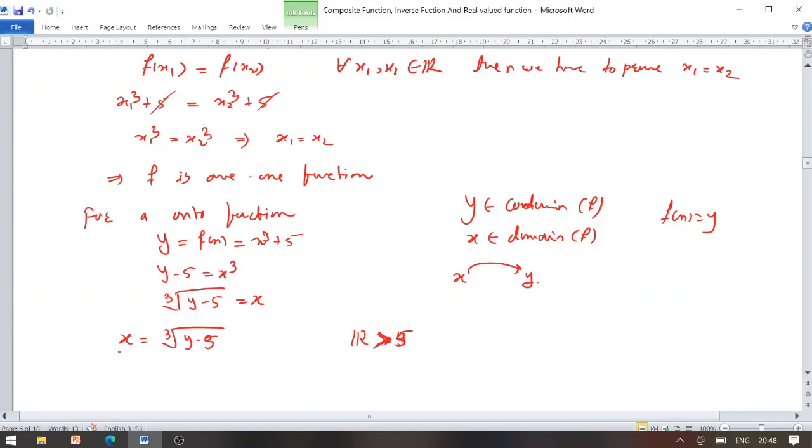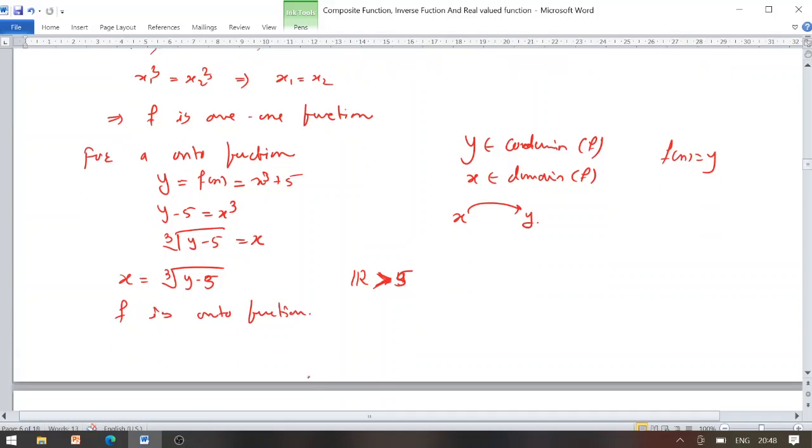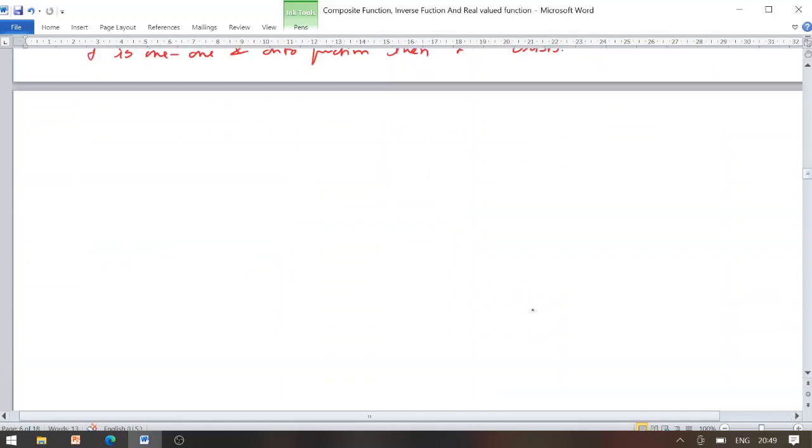So the given function f is the onto function. So once f is one-one and onto, meaning injective and surjective, then f inverse exists.